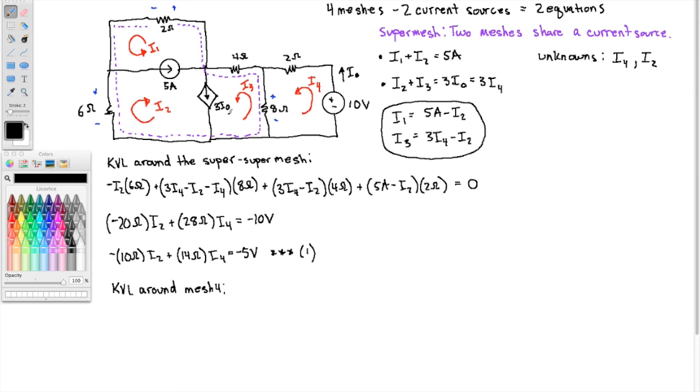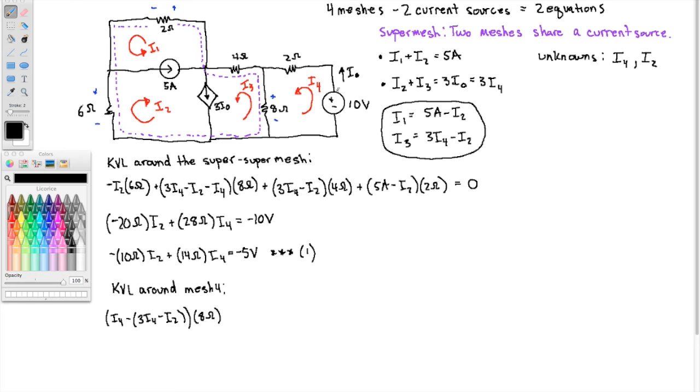So I4 is going with me. I3 opposes me, so minus I3, but I'm going to write this instead: minus 3I4 minus I2. That's the current in the branch times the 8 ohms. That's the drop. That puts me down here.